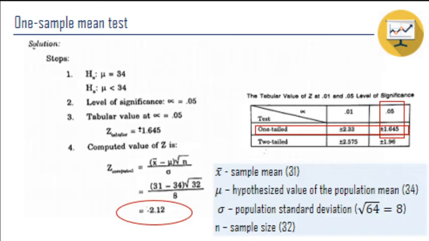Why mu is less than 34? Because our sample mean is 31 which is less than 34. That is why less than is our inequality symbol there.